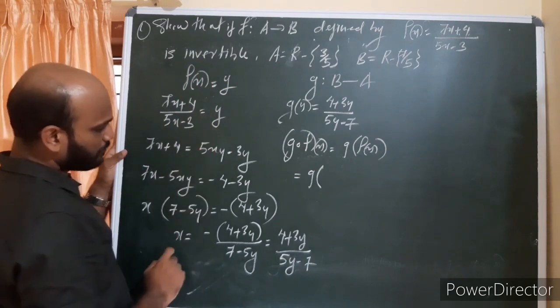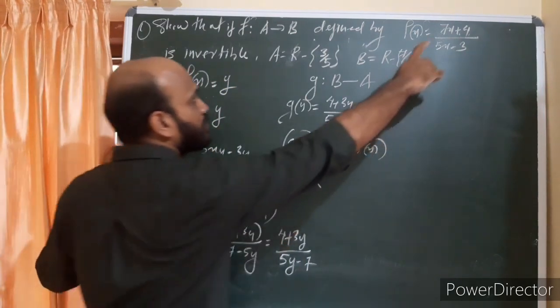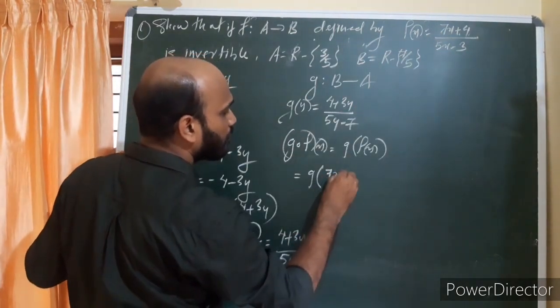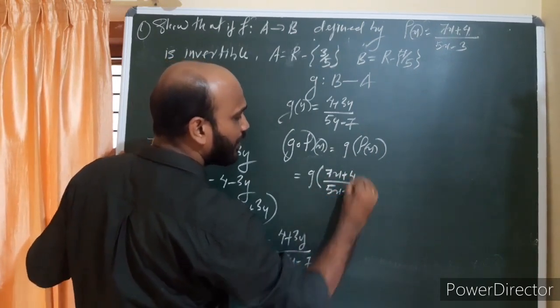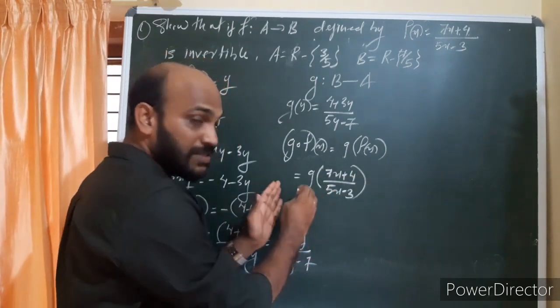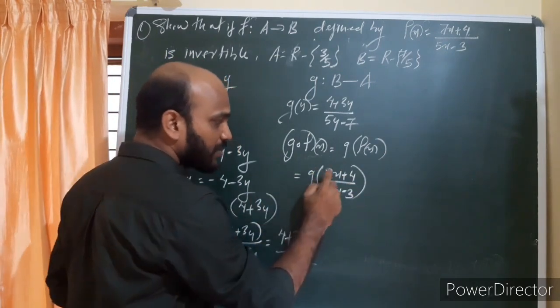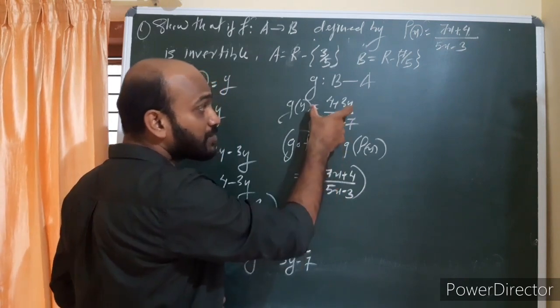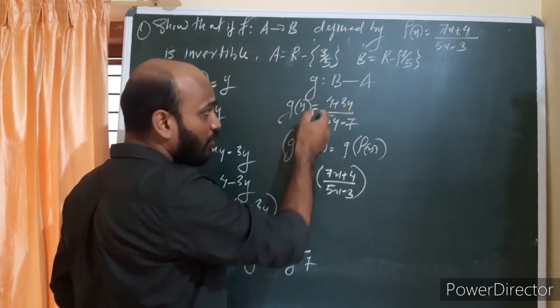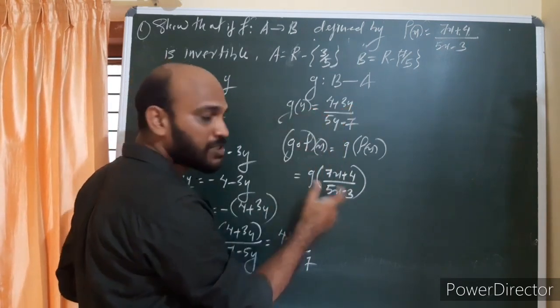f of x equal to (7x + 4)/(5x - 3). Now we want to find g of (7x + 4)/(5x - 3). For that you have to use this definition, g of y. In place of y, you have to substitute this value.